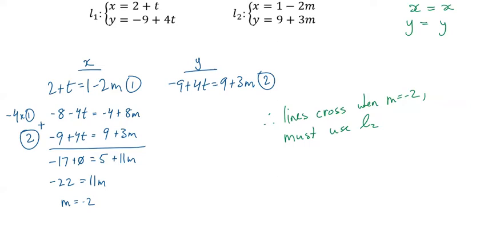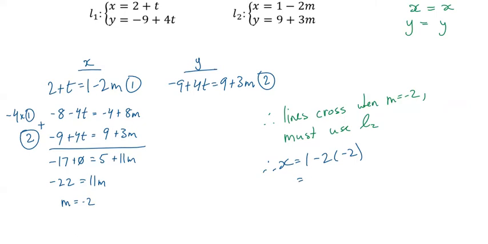But we don't need it. We only need one of them. So we must use line 2. So therefore, x equals 1 minus 2 times -2, which is 1 plus 4, which is 5. And y equals 9 plus 3 times -2, which is 9 minus 6, which is 3.